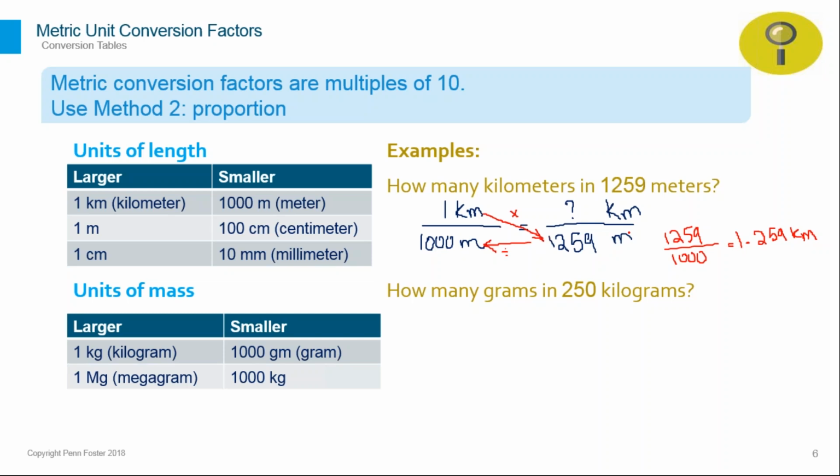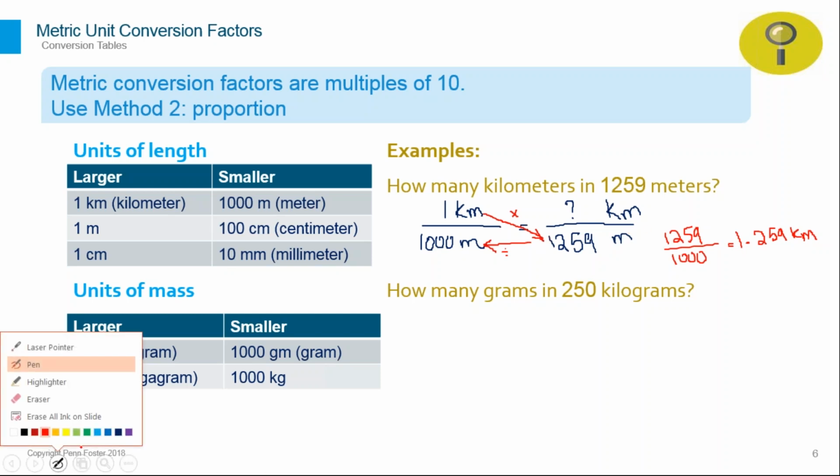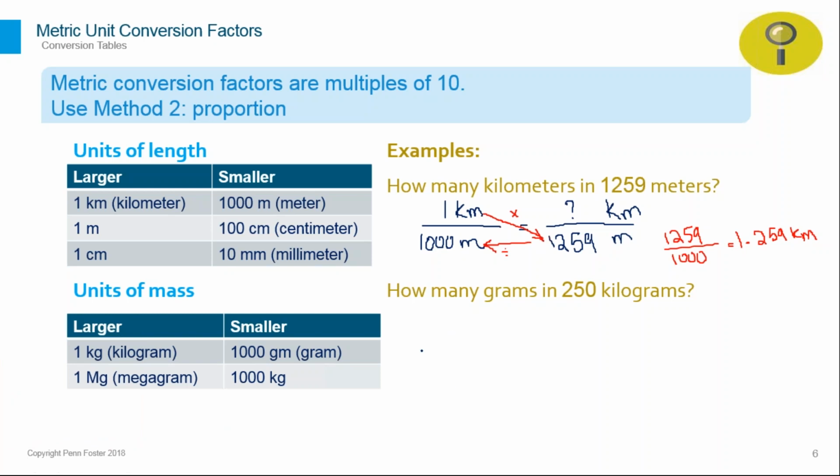The same idea. I don't have to think about which one is bigger, which one is smaller. I'm just going to go ahead and set up my proportion correctly. So a proportion is two equal fractions. I have factual information. Since the relationship I have in that question is grams and kilograms, I'm going to go ahead and look at my conversion tables and see what is the relationship between grams and kilograms.